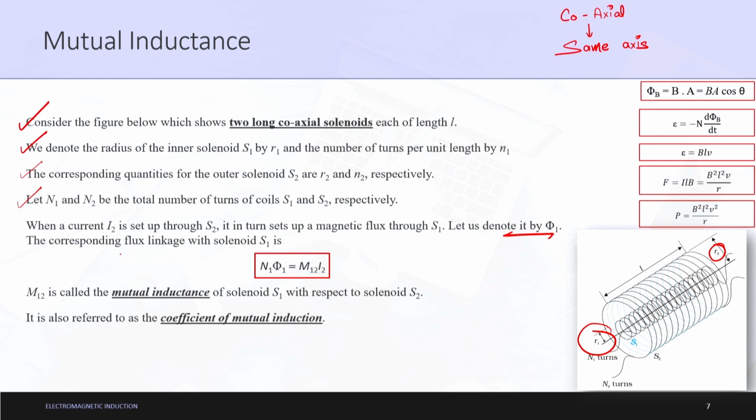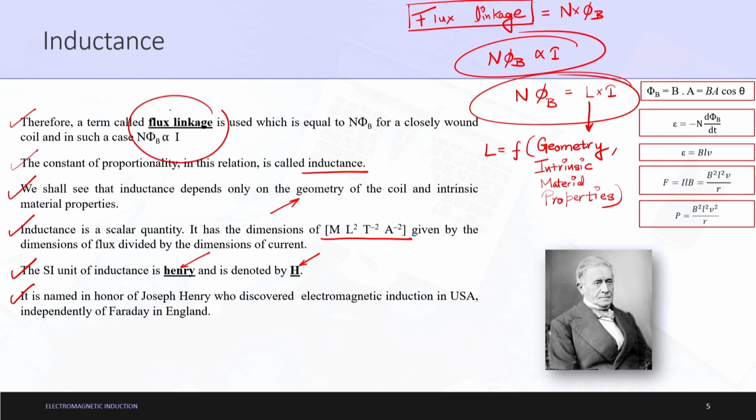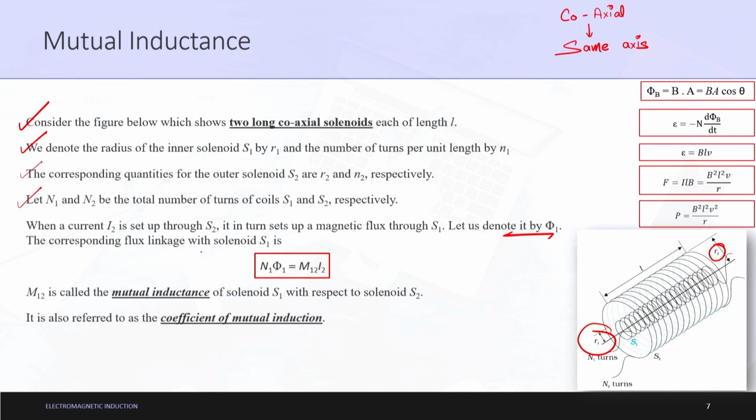So, the corresponding flux linkage, as I already told you, the flux linkage concept will come again and again. What is flux linkage? I will tell you again. Flux linkage is nothing but N phi B. So, the corresponding flux linkage with solenoid S1, N1 phi 1, is equal to M12 I2.